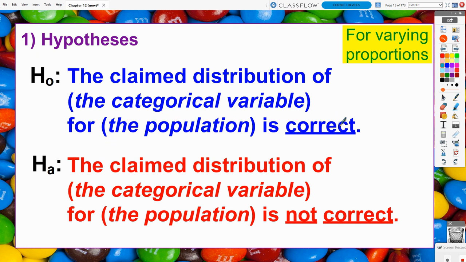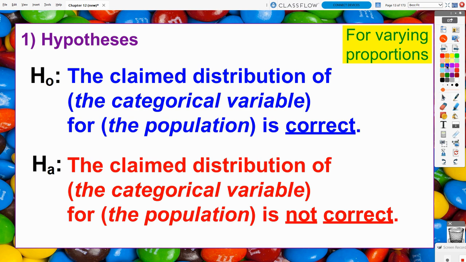So the null hypothesis is we're going to assume that we are being told the truth, all right? And then for the alternate hypothesis, we want to show that what we have been told is not correct, that it really isn't 25%, 25%, 12.5, 12.5, 12.5, 12.5.